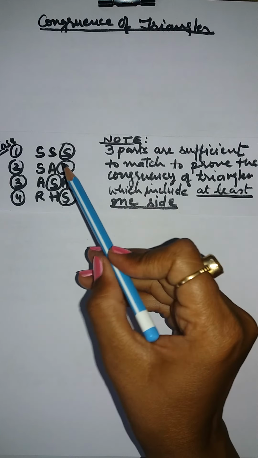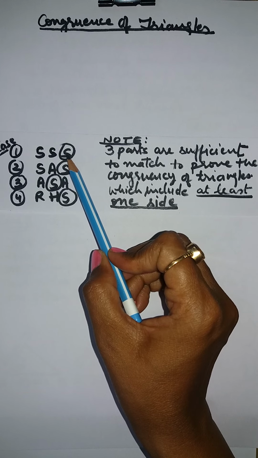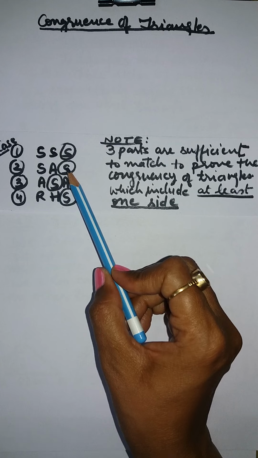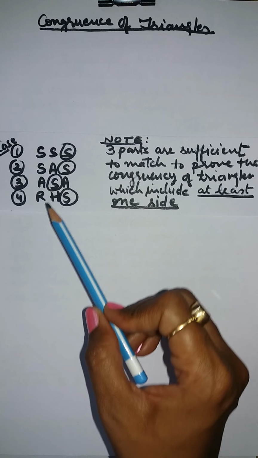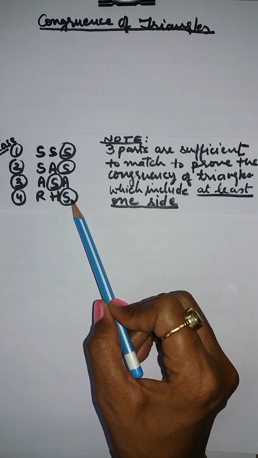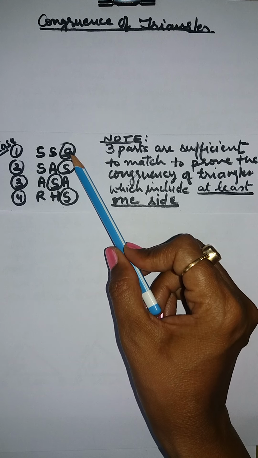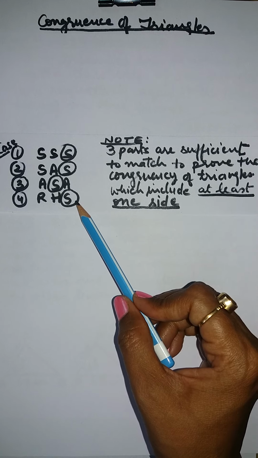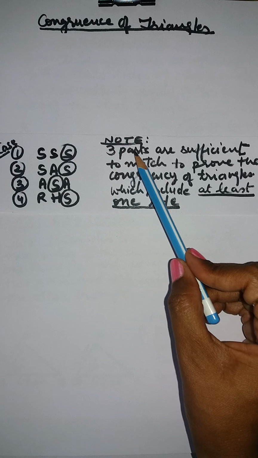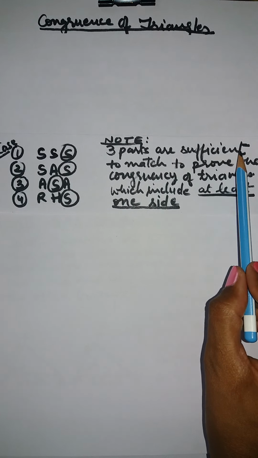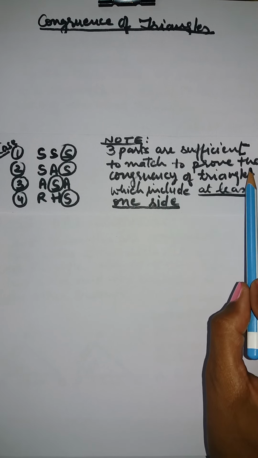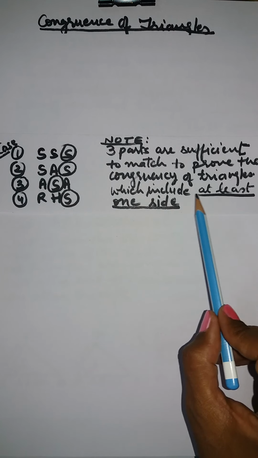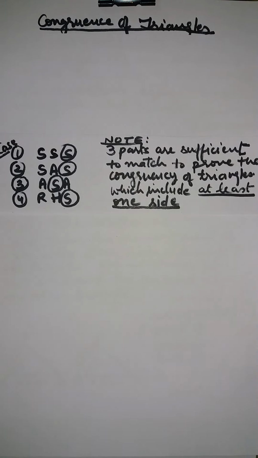The cases are SSS congruence, SAS congruence, ASA congruence, and RHS congruence. Here we can note that in all of them at least one side is necessary. It is also written here, 3 parts are sufficient to match to prove the congruency of triangles, which include at least one side.